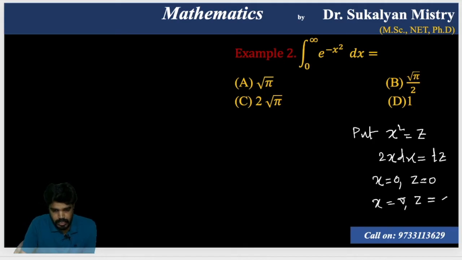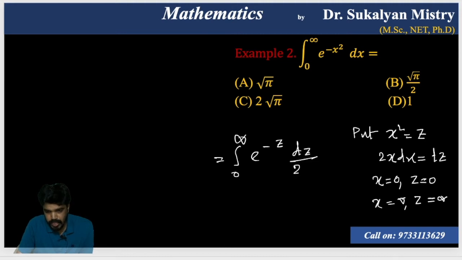So, this integration will be integration 0 to infinity e to the power minus z, and what is dx? dx will be dz by 2x, and x is root z from here, so dz by 2 root z.